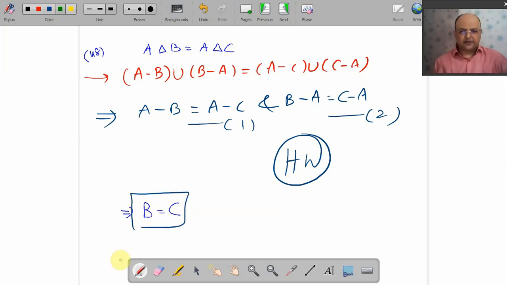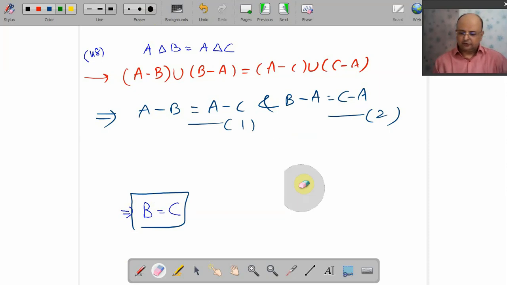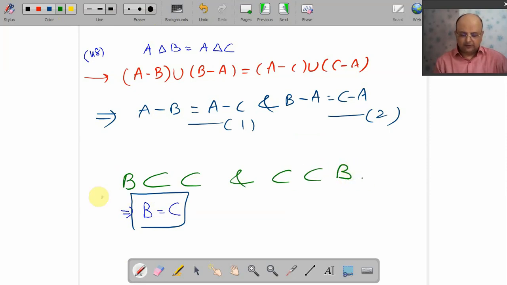If I want to prove that B is equal to C, should I prove that B is a subset of C as well as C is a subset of B? No, I will just prove B is a subset of C. Similarly, how can I prove that B is a subset of C?